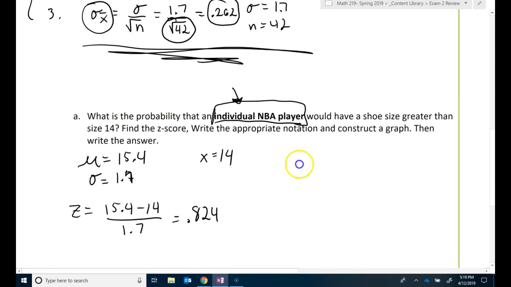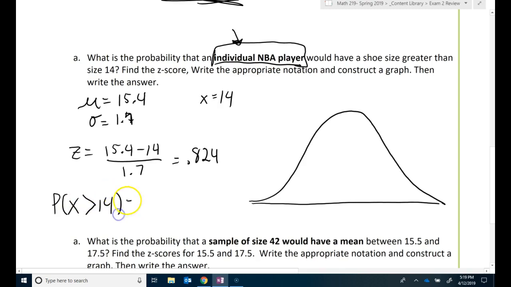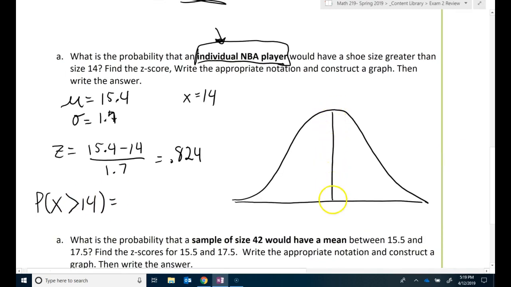Okay? Now, I'm going to draw my distribution. Oh, by the way, I should write my notation, huh? Probability that x will be greater than 14. Really important too, because notice it's a greater than sign. So here's 15.4. 0.824, that's right about here.